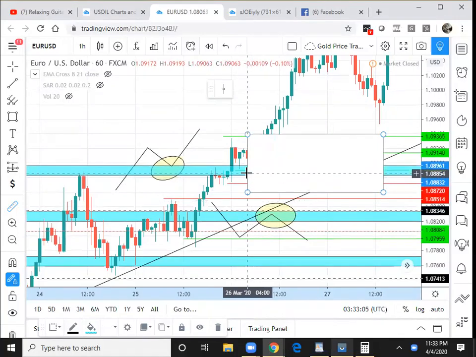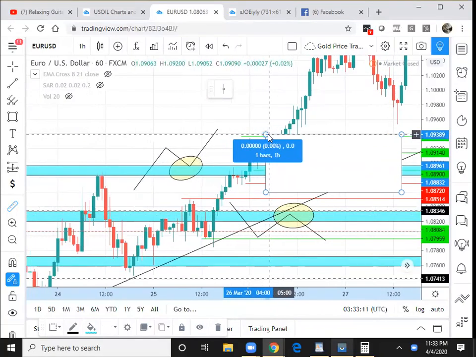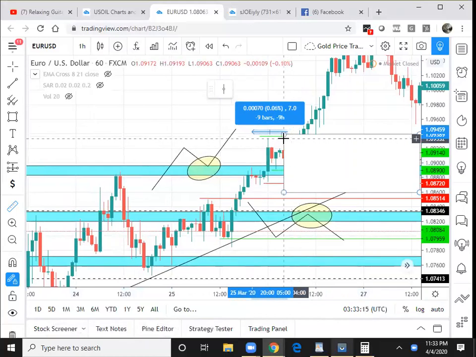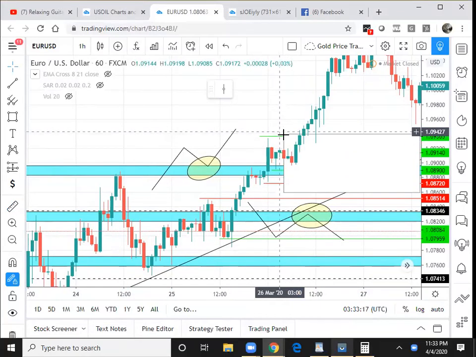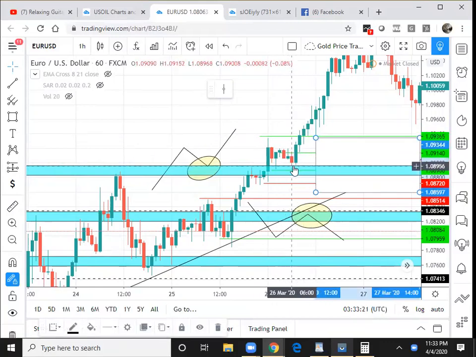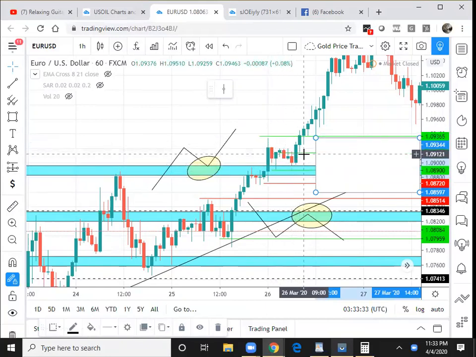So in this case, if you took the trade here, you notice that the price came back down here. At this point, you could have entered either here or up here.